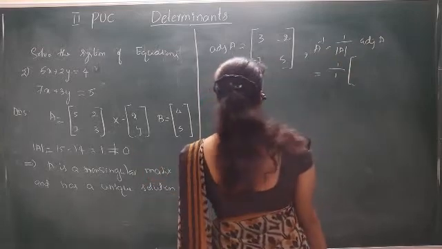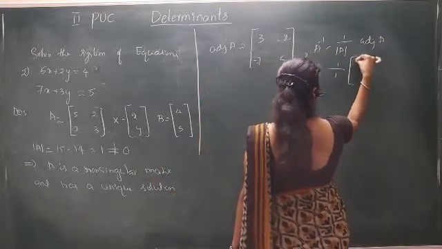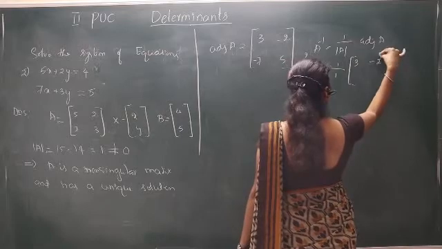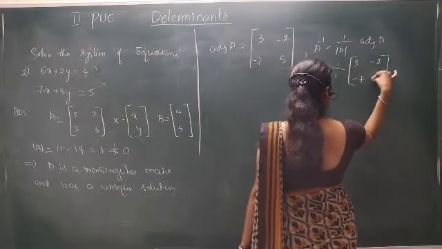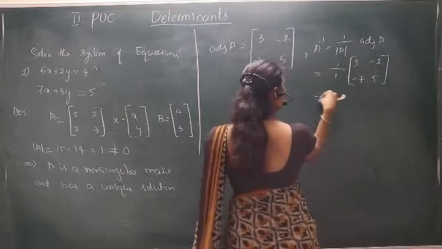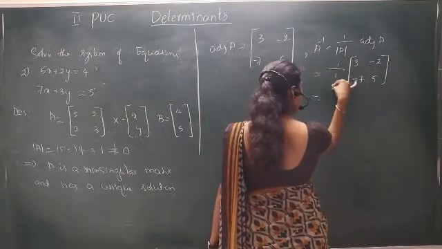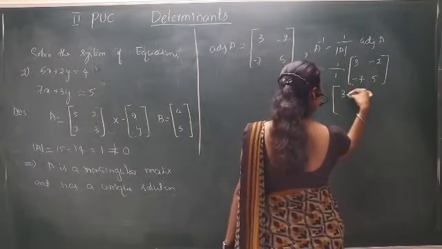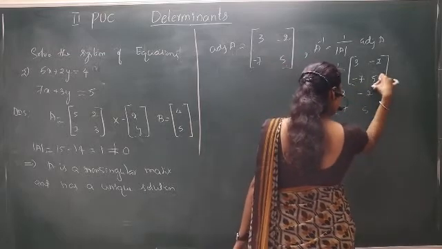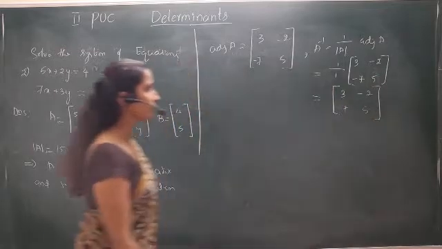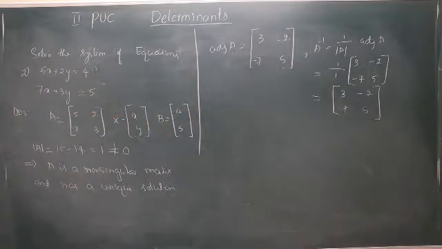So adjoint of A is 3, minus 2, minus 7 and 5. This is nothing but the same matrix. After finding A inverse, we have to calculate the value of X.